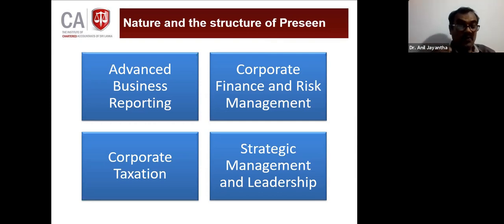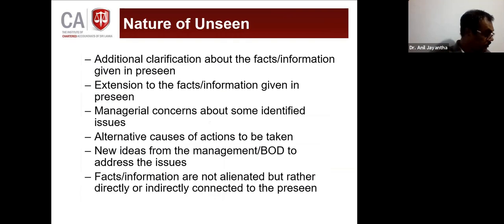That is why I just told you about pedagogical thinking in the pre-seen: there may be a little deviation from the subject-specific things specified in the courses given. It may extend to other courses as well. So you need to be very aware of this. And leadership also is part and parcel of strategic management. That is why leadership is also discussed. I hope the idea is clear.